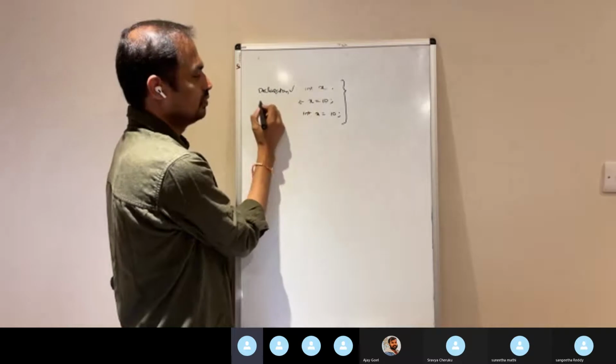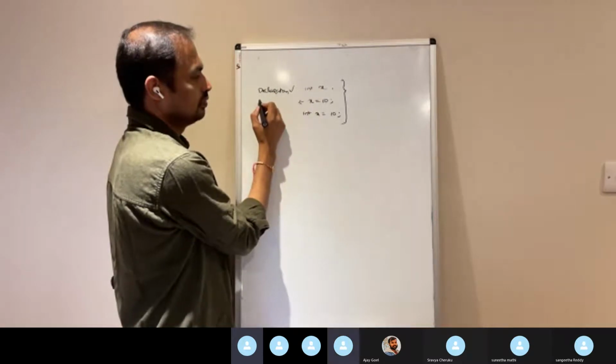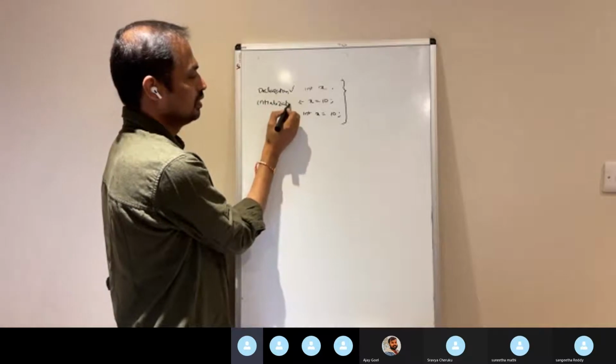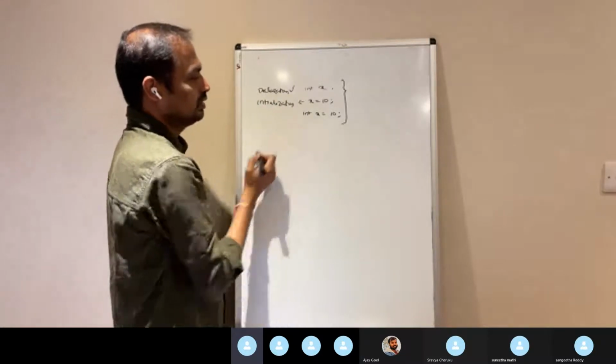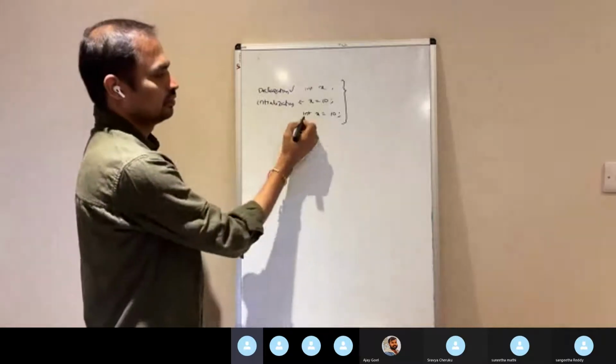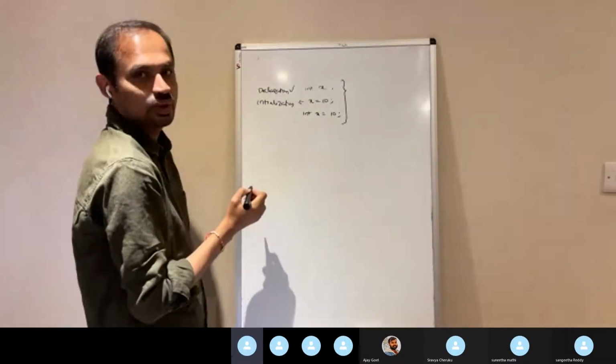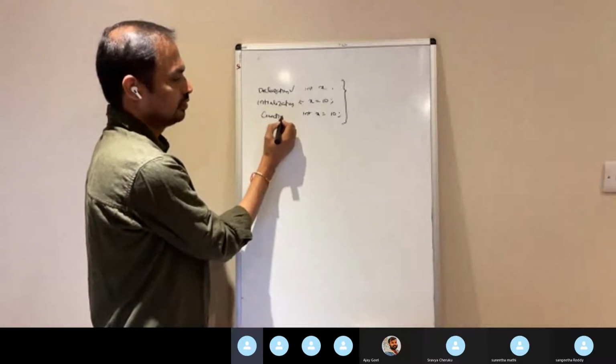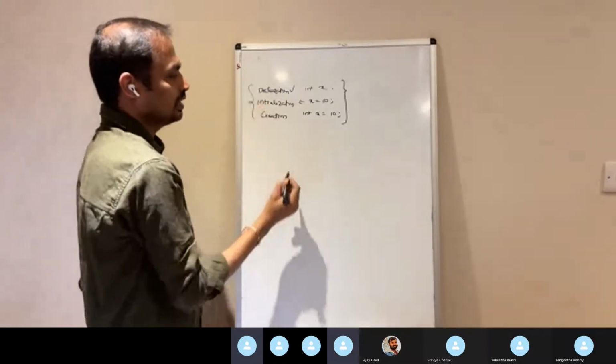What about this? Initialization. What about this? int x is equal to 10. Creation. So these are the things.